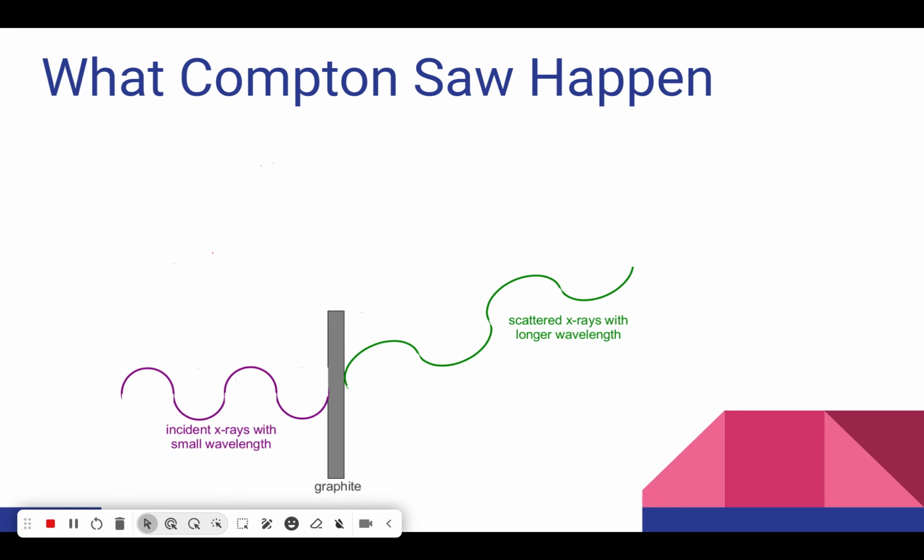But the other thing he notices is the X-rays have longer wavelengths. Now, sure, the scattering, okay, maybe something else is happening here, but the wavelength got bigger? How could that possibly happen? It should squish. So he starts working back, looking at all of this work that's been done over years and years, and he comes across all this stuff about, hey, what if light could have momentum?